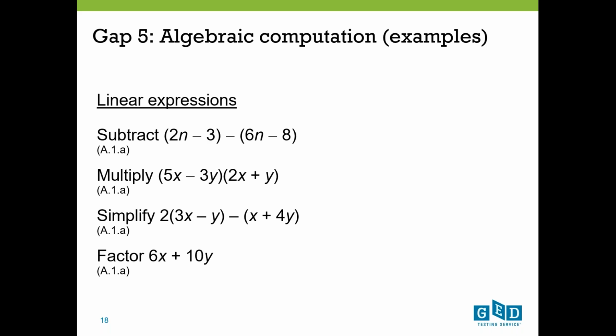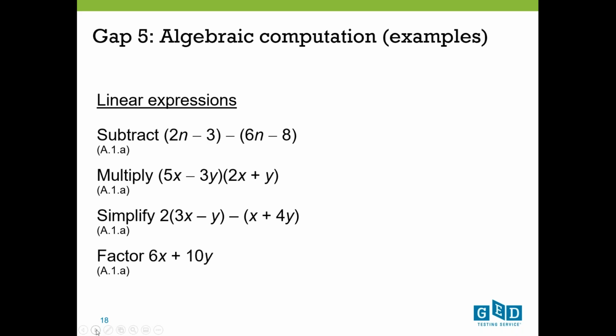First two are very straightforward. The third one is an example both of distributive property in the first set of parentheses, which is a form of multiplication. And it also involves subtracting. So this is an example of the multiple operations that I was talking about.